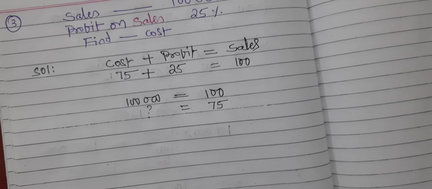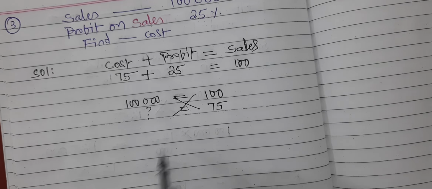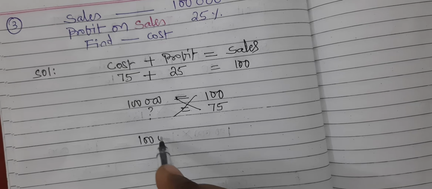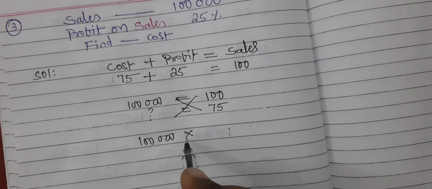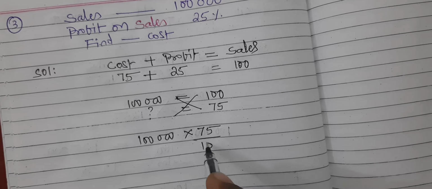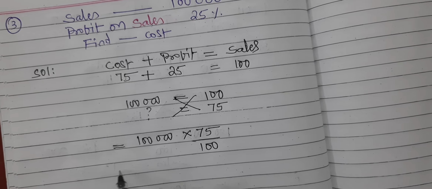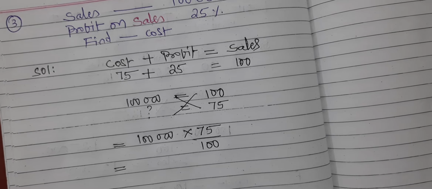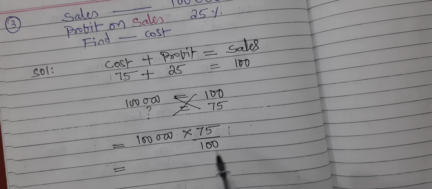Now here cross multiplication: 1 lakh into 75 by 100. So how much is it? 75 divided by 100.